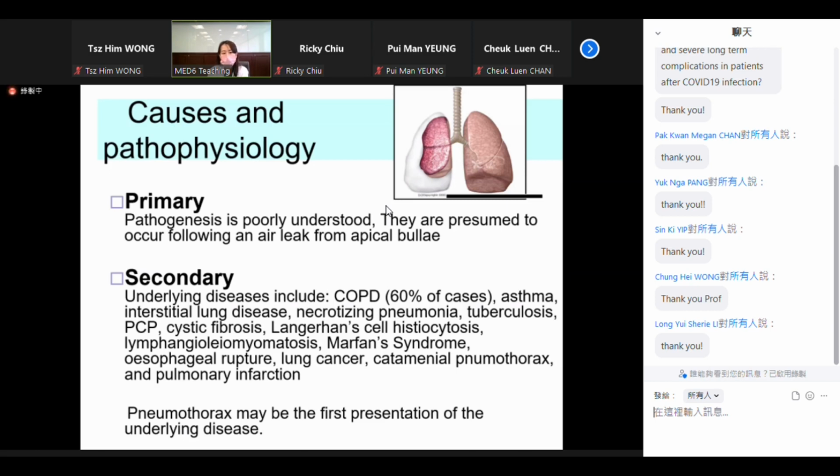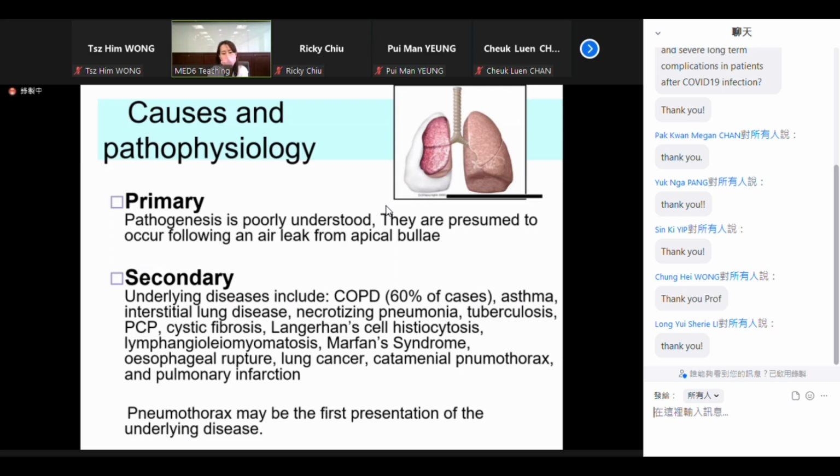PCP is pneumocystis pneumonia. Also cystic fibrosis, Langerhans cell histiocytosis, and lymphangioleiomyomatosis are cystic lung diseases. So that's cysts in the lung, and they burst, and then it causes pneumothorax. Other rare causes are Marfan syndrome, esophageal rupture, lung cancer, catamenial pneumothorax, and pulmonary infection.